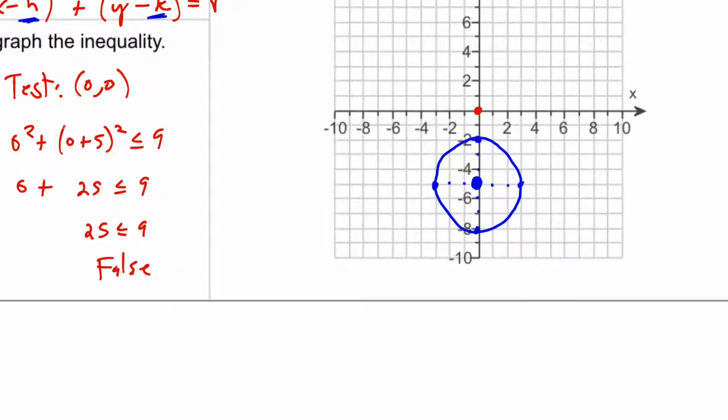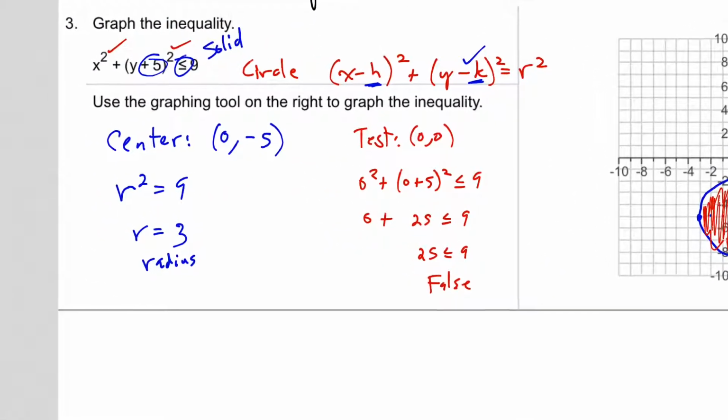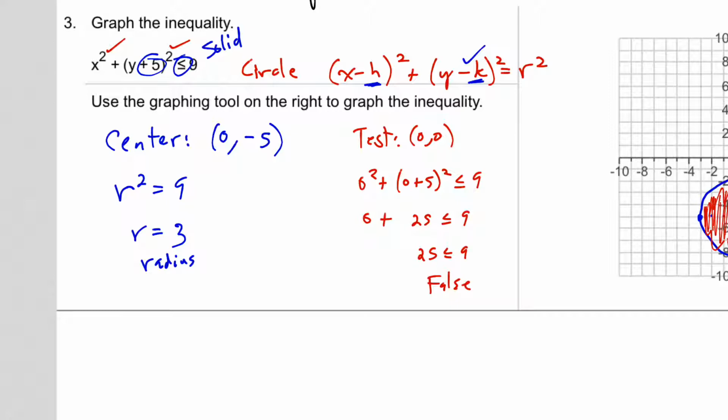So that means outside the circle is false, and that means we shade on the other side of the circle, which should be in here. Okay? So this is how inequalities work with nonlinear functions.